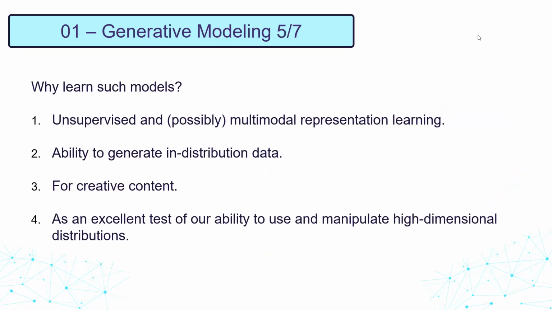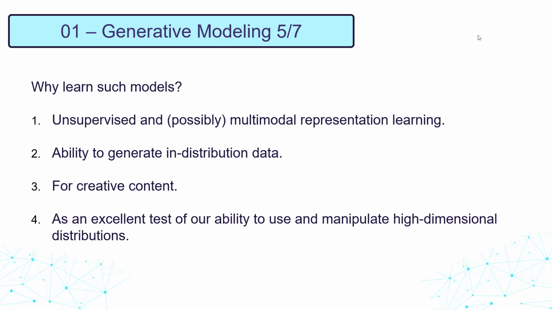That's not the only reason, though, to learn such models. In my opinion, this is a ranked list at least. The first reason is that they are tools for unsupervised learning and also for possibly multimodal representation learning. They also are very good at creating in-distribution data, especially diffusion models, which means that you can use them to fill missing values or to augment, right? So to create new similar images.